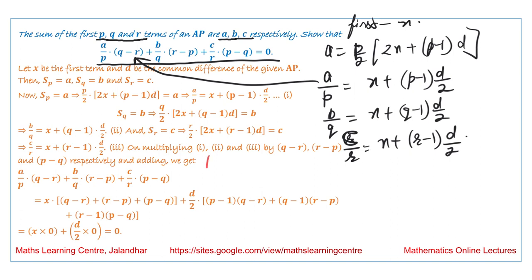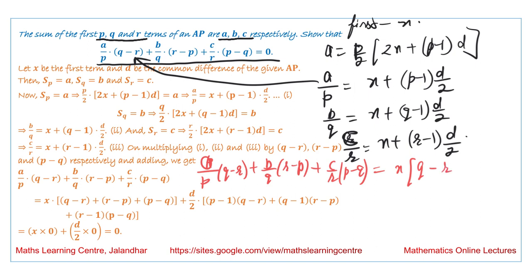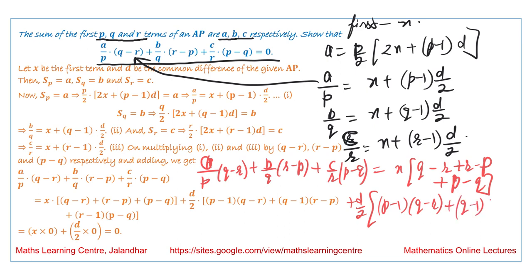We are saying we will obtain A by p into q minus r plus B by q into r minus p plus C by r into p minus q, that is equal to, x is common, we are left with q minus r plus r minus p plus p minus q, and then plus d by 2 common. We have p minus 1 into q minus r plus q minus 1 into r minus p plus r minus 1 into p minus q.